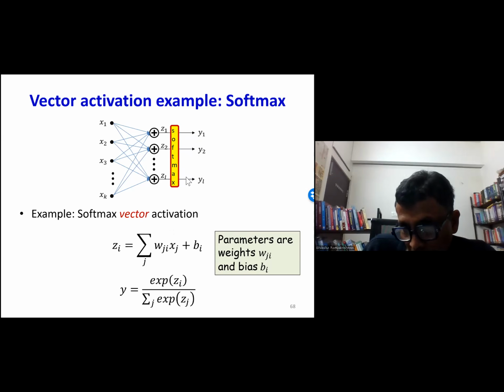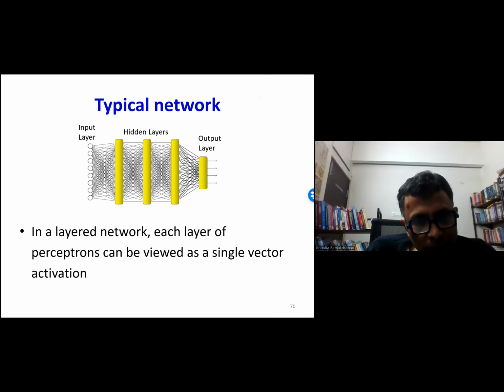Modifying one input can change all the outputs. So that's why it's a vector activation, where you have to think of it as a vector of inputs and a vector of outputs. So in fact, even your standard network, you can think of it as vector activations where the individual outputs do not interact. You can think of these as degenerate vector activations.